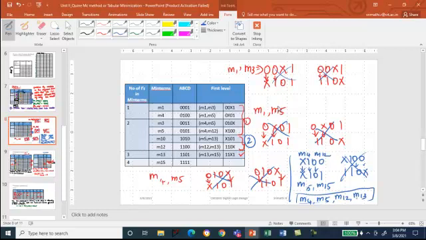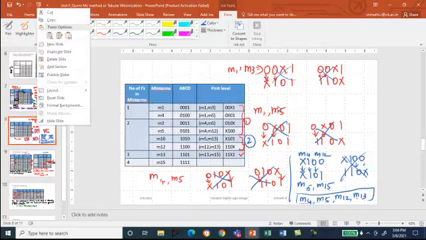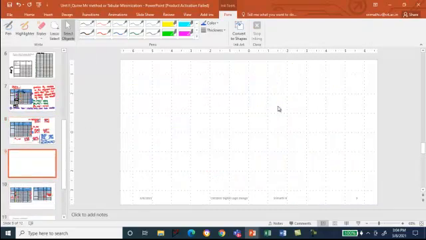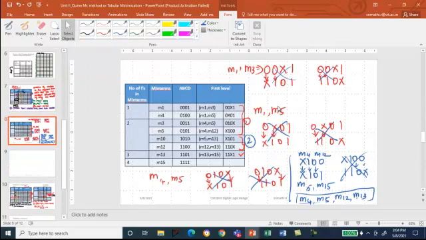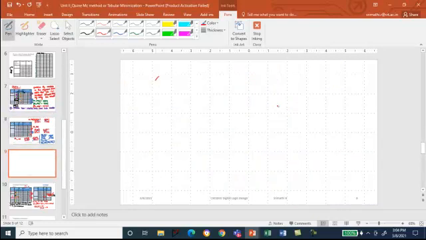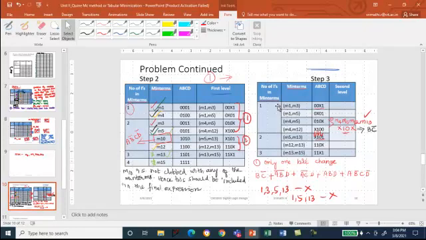How will you write this combination? This can be written as x10x, which is nothing but M4, M5, M12, M13. Is that fine? That is what here I have written, x10x, M4, M5, 12 and 13.